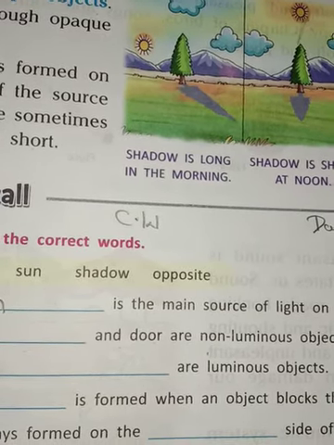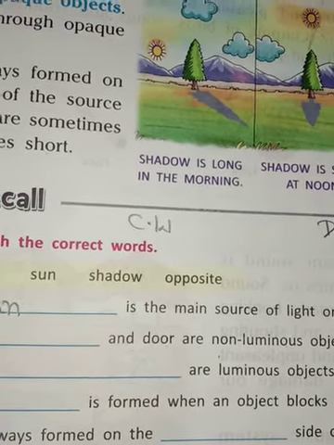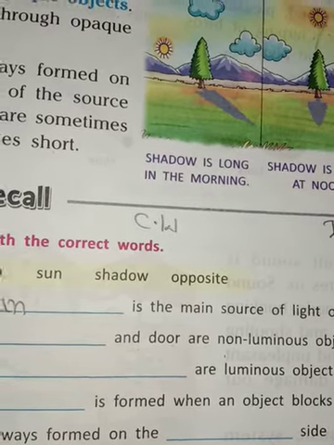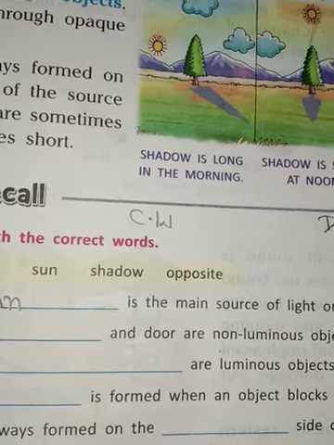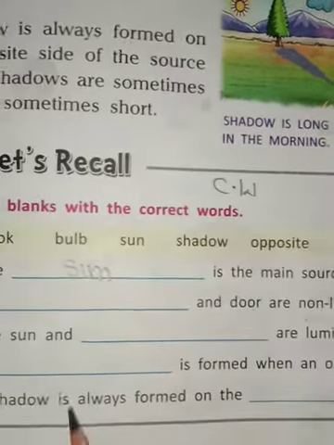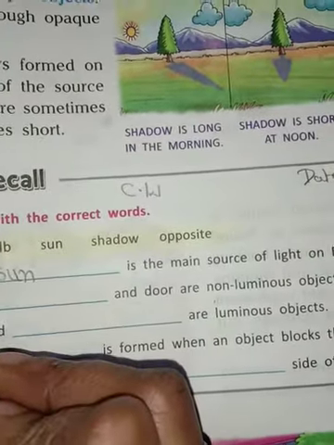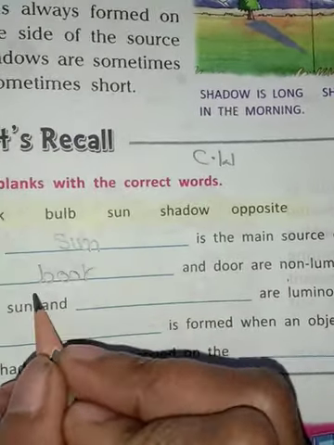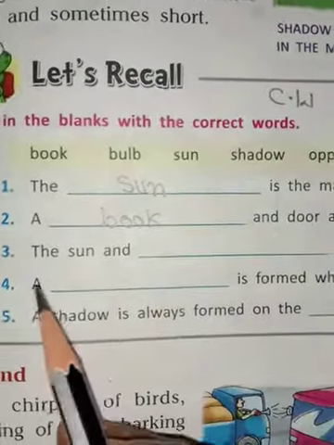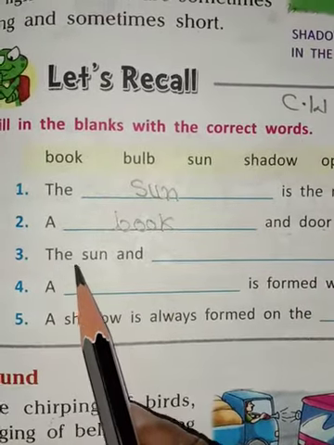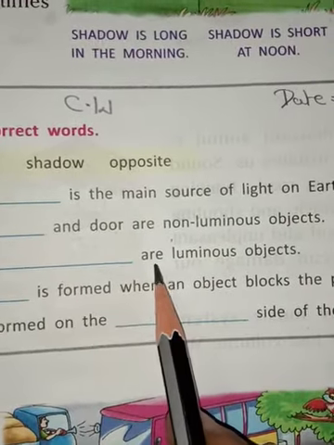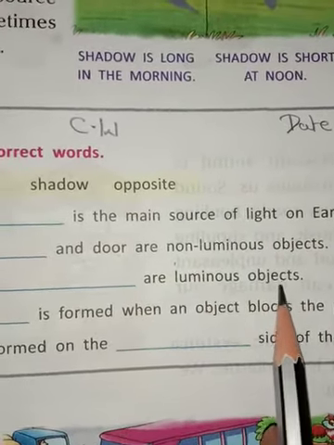So student, answer is book. Why? Because book does not give light, so book is a non-luminous object. Now we will write book. B-O-O-K.